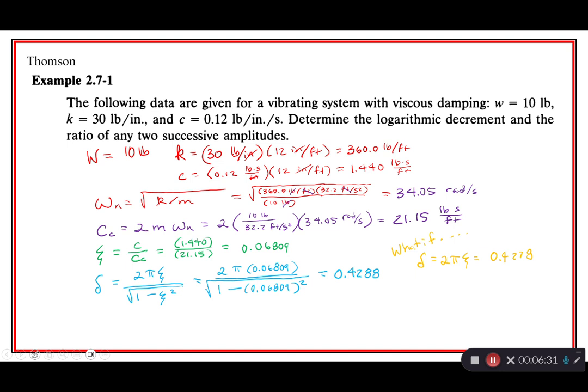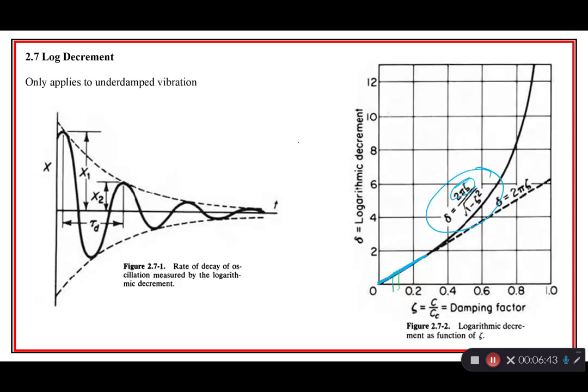To answer the last part of this, let's go with deep red. We want to find the ratio of any two successive amplitudes, right? So what they mean is, it could be this one to this one, this ratio. So that could be x max 2, and this is x max 3, and so forth.